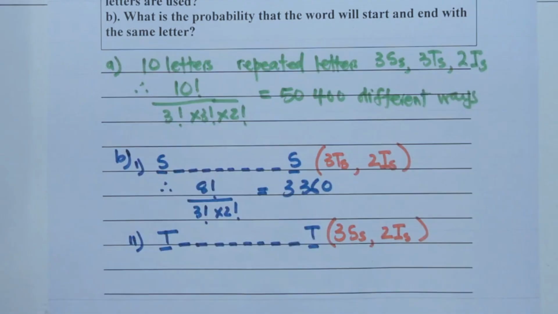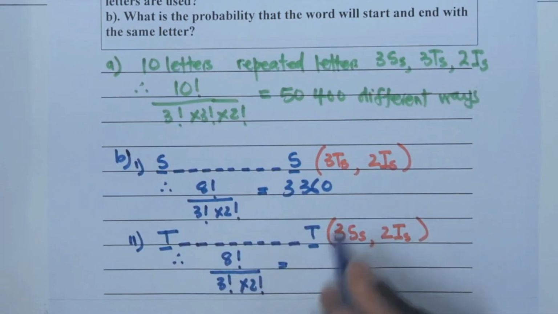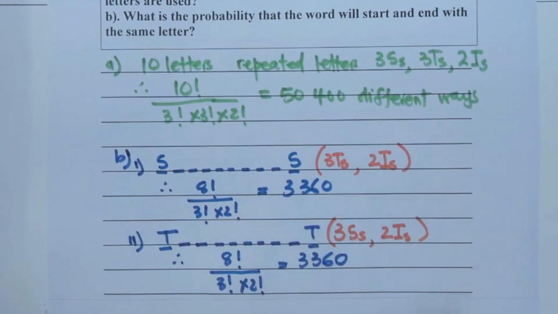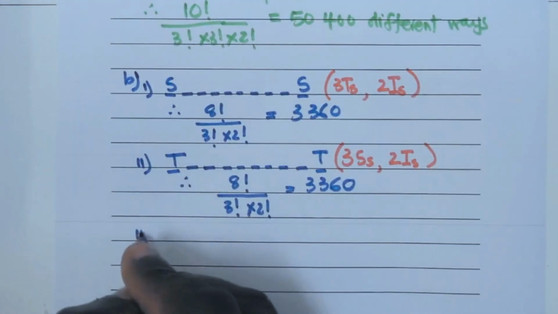Therefore, if I simplify, I'm going to get 8 factorial over 3 factorial times 2 factorial, and I'm going to get 3,660.